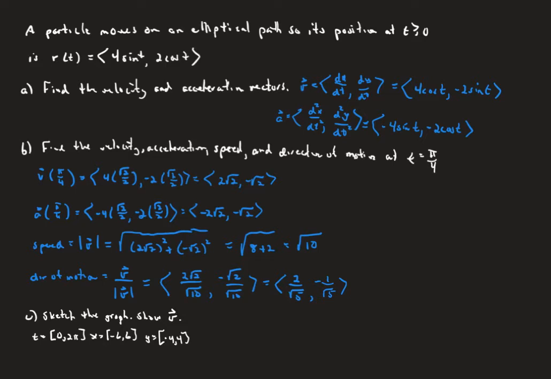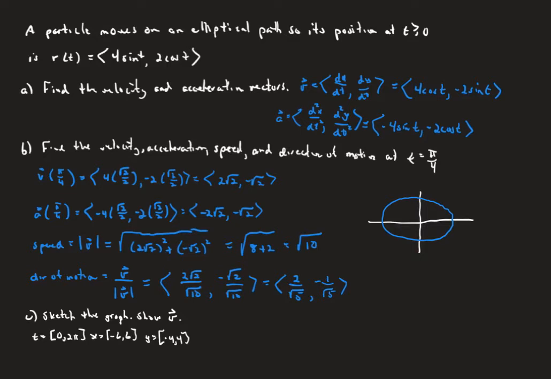So I'm going to draw it over here on the side a little bit. You're going to get something, hopefully, that looks like an ellipse, with the major axis, the longer axis, along the x, and the shortest radius, the minor axis, along the y. You should get something like that.